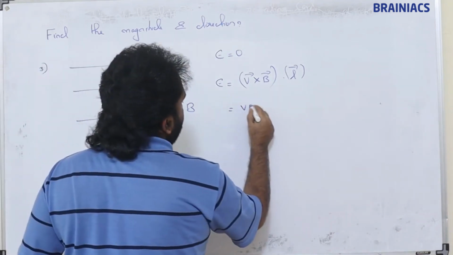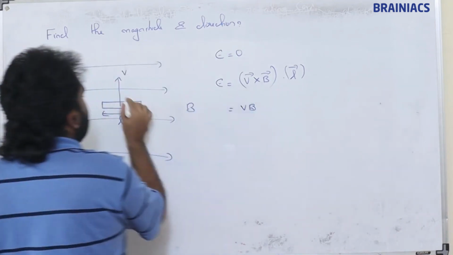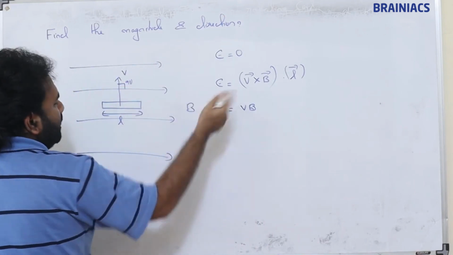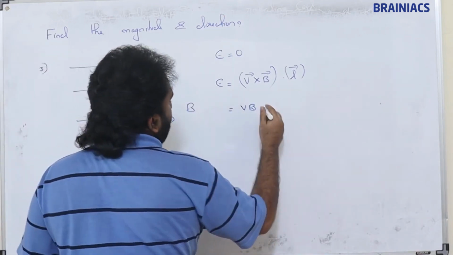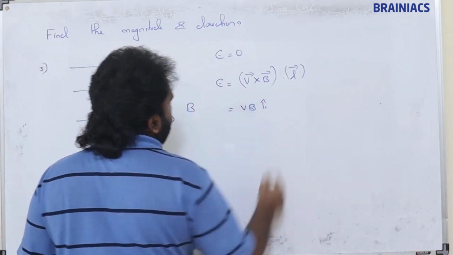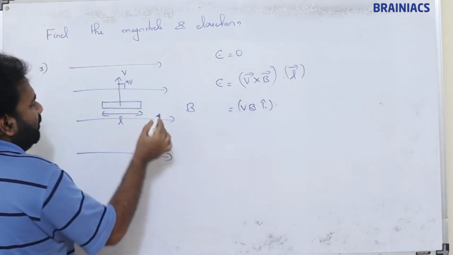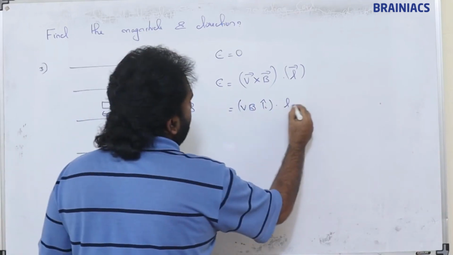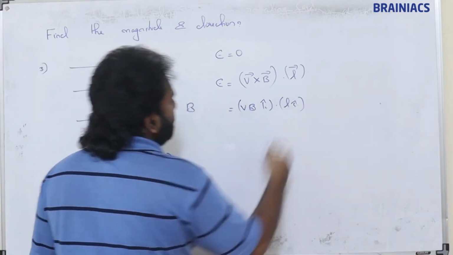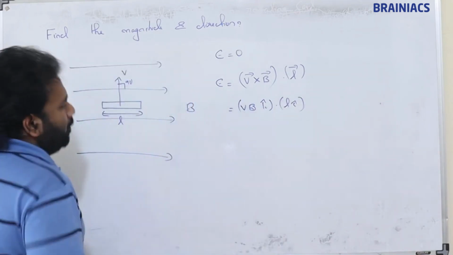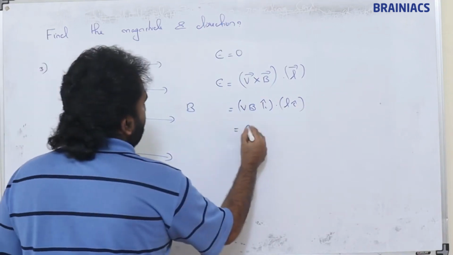So VB, their angle is 90 degrees, so sine theta will become 1. So it is going inside, so I am going to put K. So dot, what is the direction of L? Li. So definitely this is going to give 0. K dot I is 0.